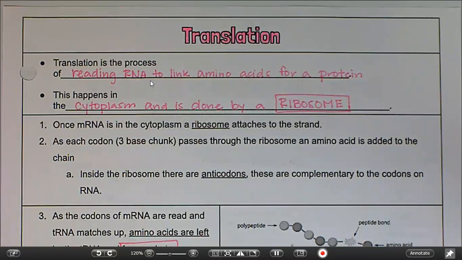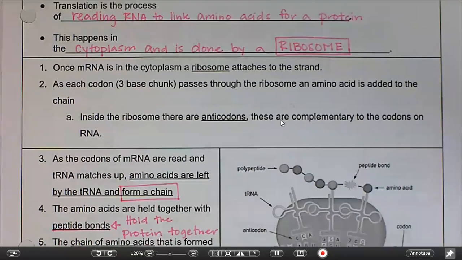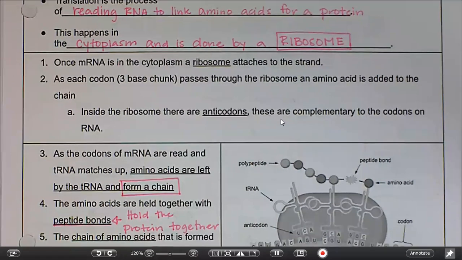Remember, ribosomes build proteins. So we have two macromolecules, nucleic acids and proteins, and we have two organelles, the cytoplasm and the ribosome. Once mRNA is made in the nucleus and sent out into the cell, a ribosome will attach to that message because it's mRNA, the messenger RNA.